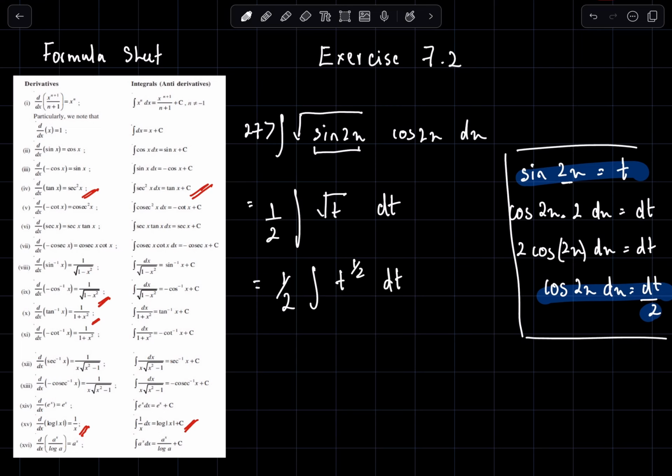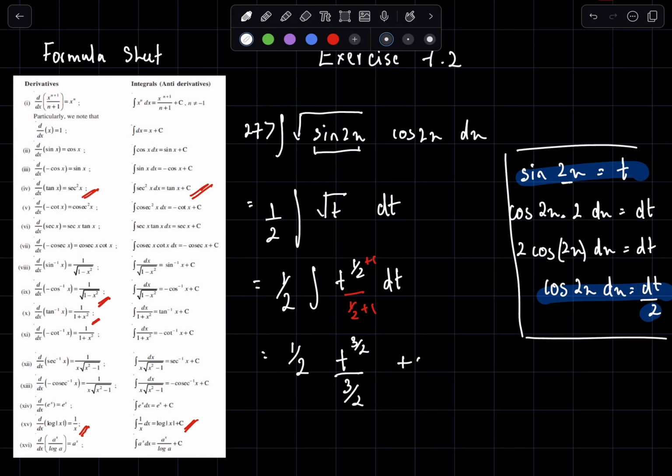This is simple, add 1 over there and divide by the sum, so half of t to the half plus 1 divided by half plus 1. Okay, so t raised to the power of 3 by 2 divided by 3 by 2 plus c.